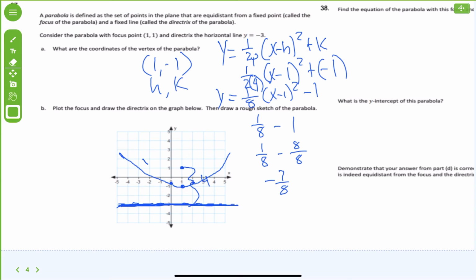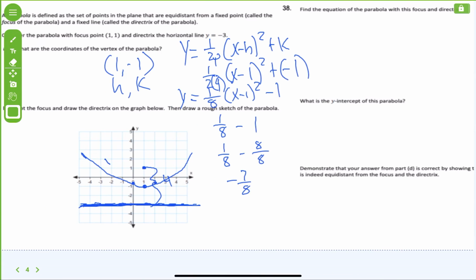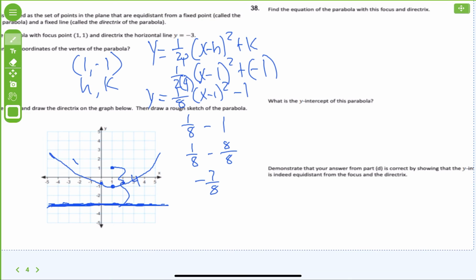Now, let's look at 38. 38 says, find the equation of the parabola with this focus and directrix. Oh, well, we've already done that. So we're going to have y is equal to 1/8 times (x minus 1) squared minus 1. What is the y-intercept? Well, I've already done that.